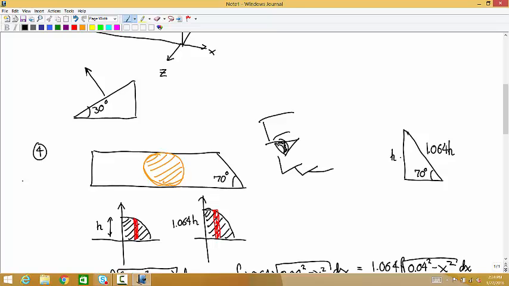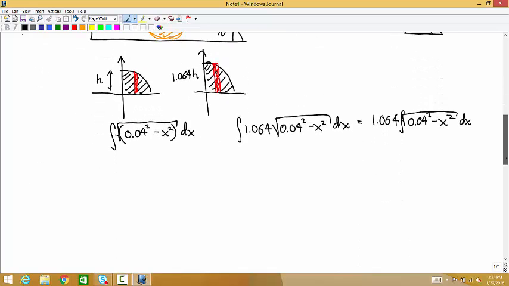I just want you to understand the relationship between the tractions and the stress tensor. I don't care about this geometry. Okay. But all this says that the area of the ellipse is 1.064 times the area of the circle.